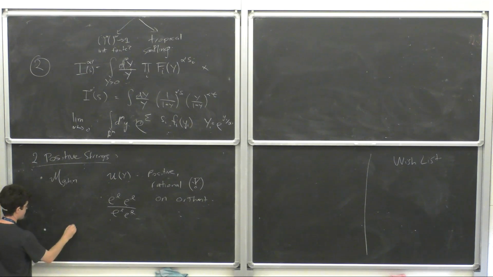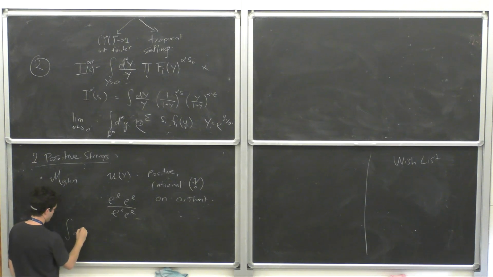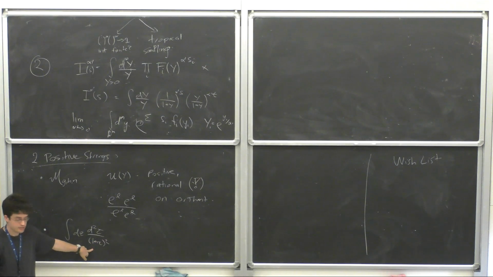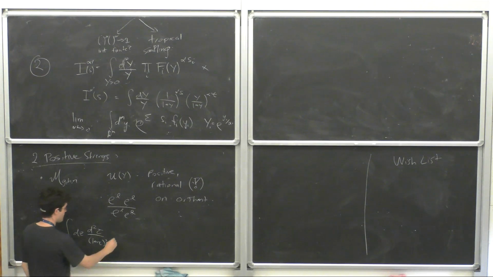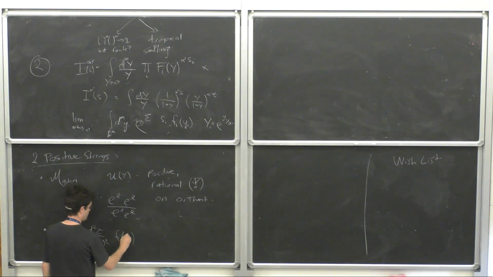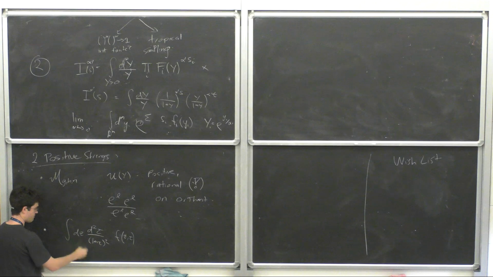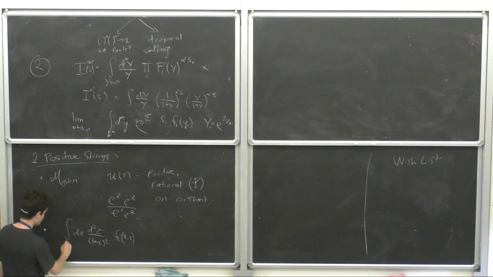And that means that if you're doing some integral, for example, if you've got a torus, then normally what we do is we have this measure d tau over the imaginary part squared, and then you have some function which has some modular properties. And if you're integrating over just the moduli space, then you have to mod out by the mapping class group, and that means you end up integrating over some region.